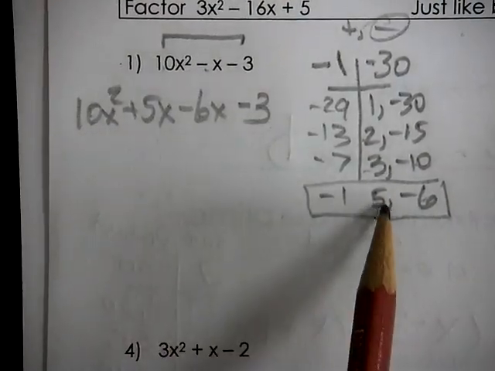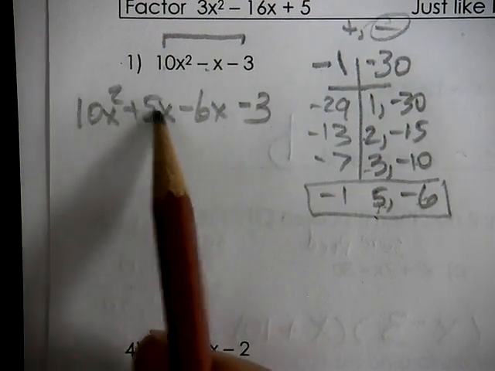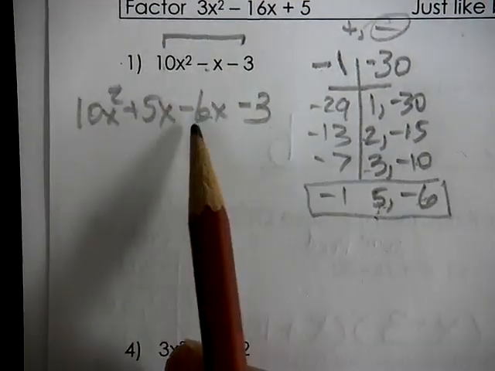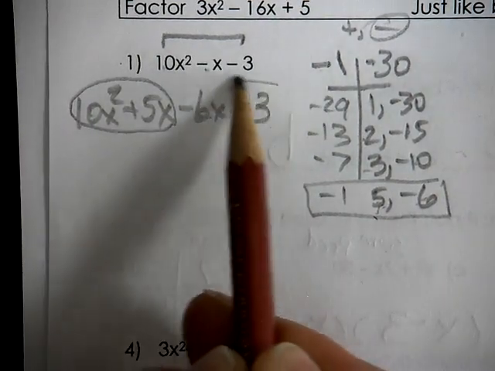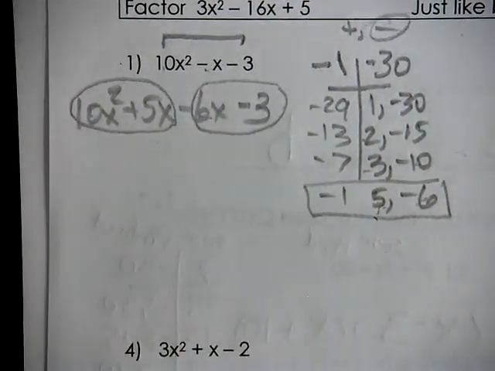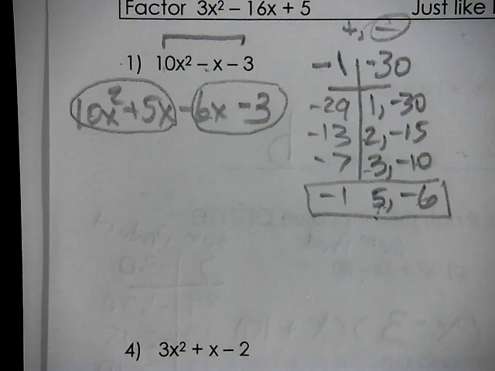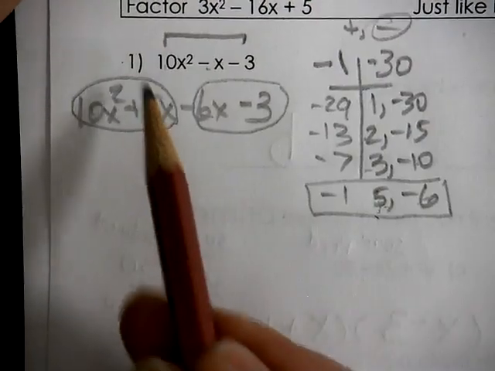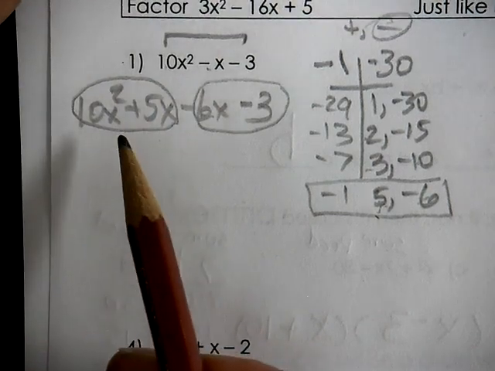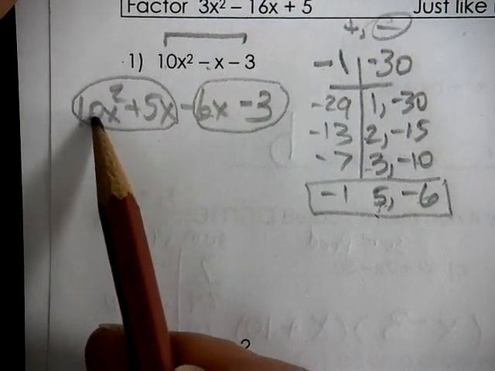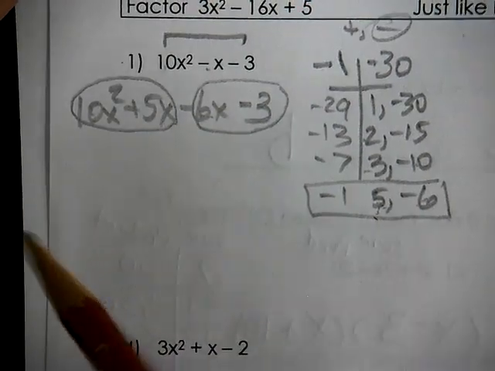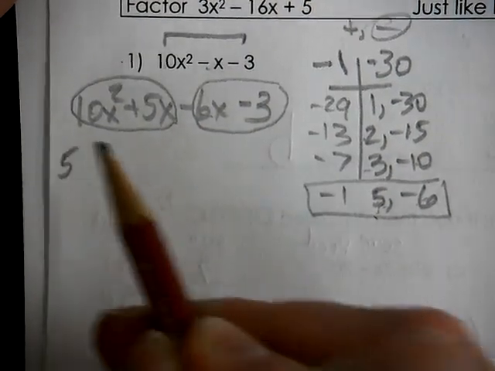So now since we put our two terms in the middle of our 10 and our 3, we're now going to do the factor by grouping part. So we circle the two groups. What can factor out of my first group? What number goes into 10 and into 5? 5 does.